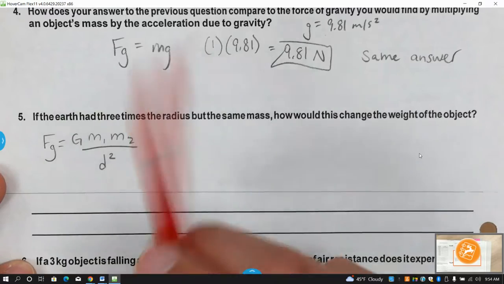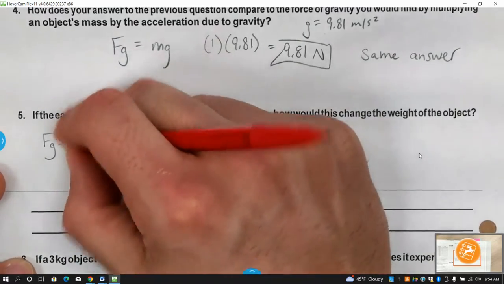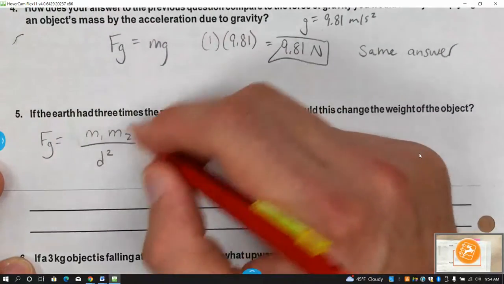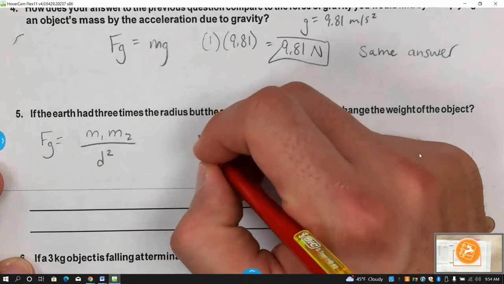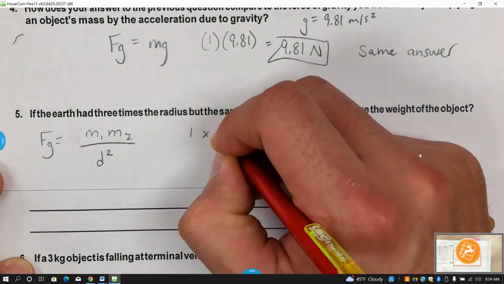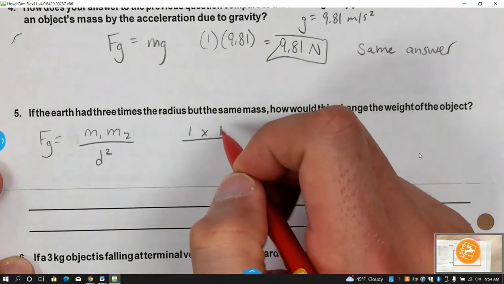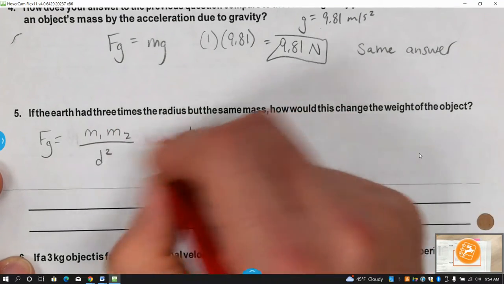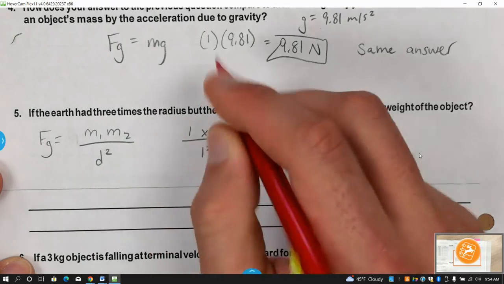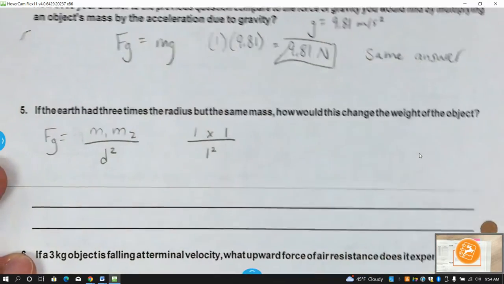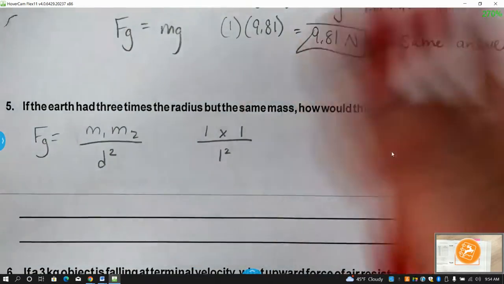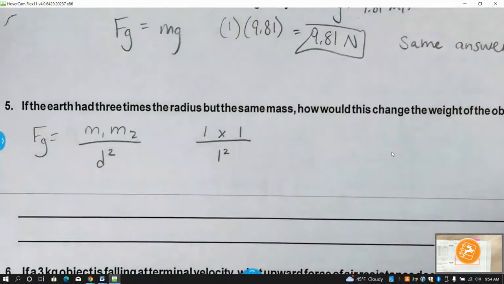Big G is a constant, so we're going to pretend like it's not here for right now. So we can set these equal to 1s: mass of the first object, mass of the second object, distance between them squared.